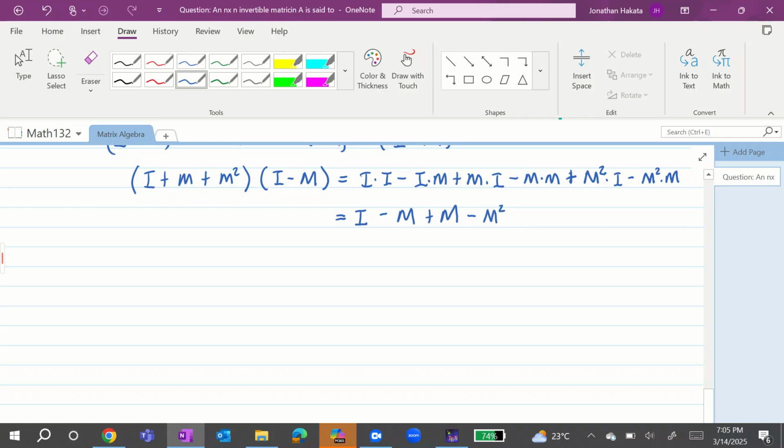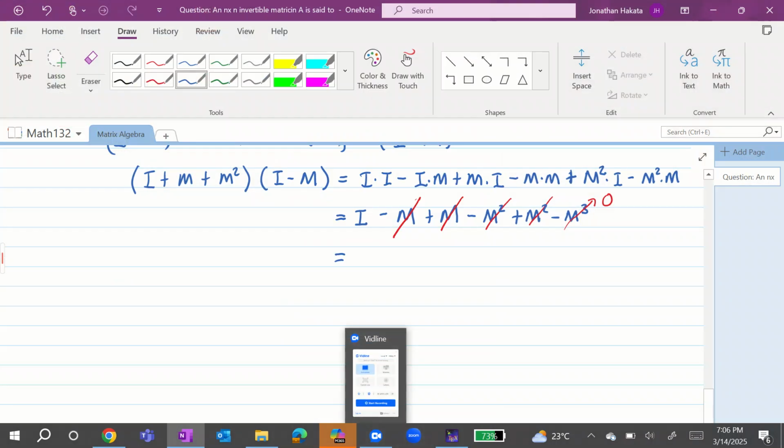Then M squared times I is just plus M squared, and then minus M squared times M will be minus M cubed. You can clearly see, guys, that these quantities cancel each other out: M minus M plus M is 0, M squared minus M squared plus M squared is 0, and M cubed, we are told in the question that M cubed is 0. So immediately you can conclude that the result of this multiplication will be an I.